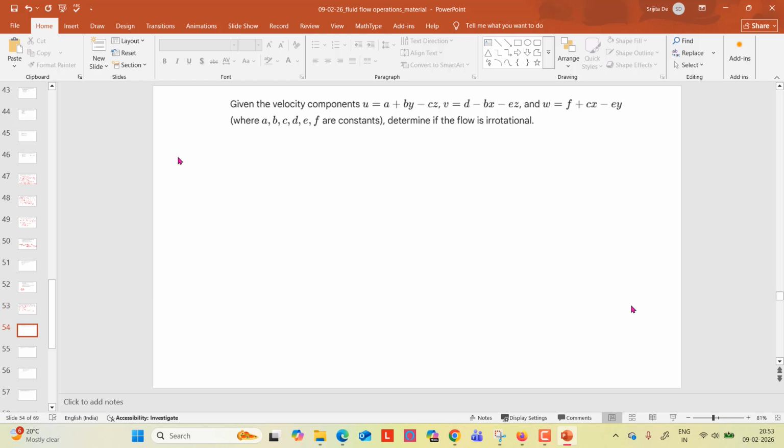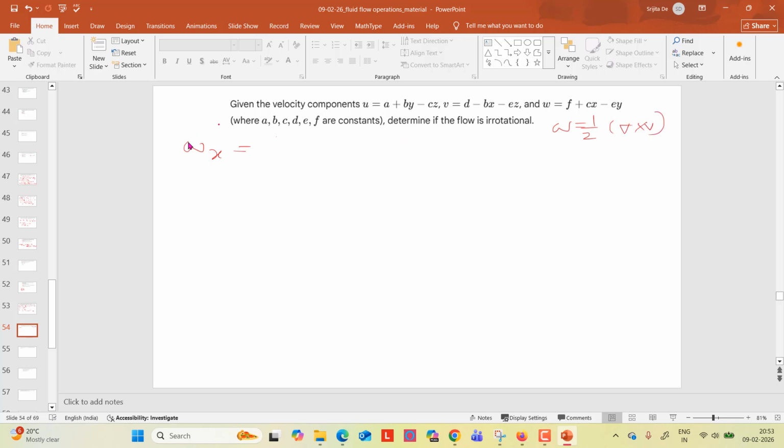Next, given the velocity components as this, determine if the flow is irrotational. You have known the terms of vorticity components from the previous case. I am not deriving again. So I am just writing omega x equals, yes, omega equals half of curl V, always.